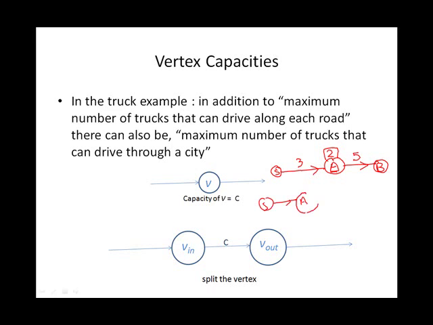split the vertex into two vertices, V in and V out. In this case, it is A in and A out.